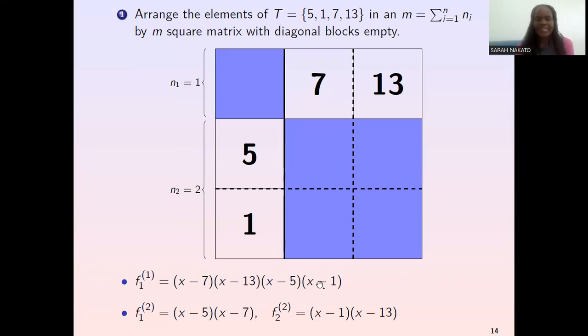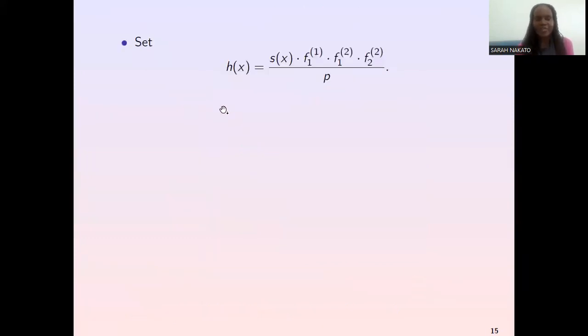Great. At this point, we are almost there. So what do we do? Our preliminary polynomial is hx, where we have the numerator, we recall the little s and then the fi's.